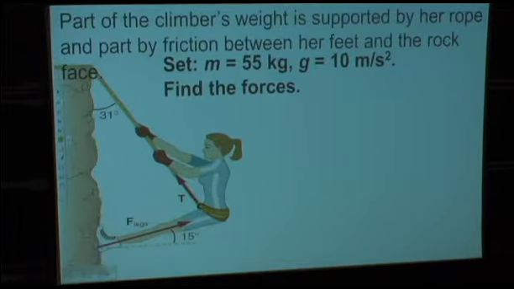So this is supposed to be a force of gravity acting on the lady. Now, the force from the feet should be directed at 15 degrees to the horizontal direction. And my force originally was too long.